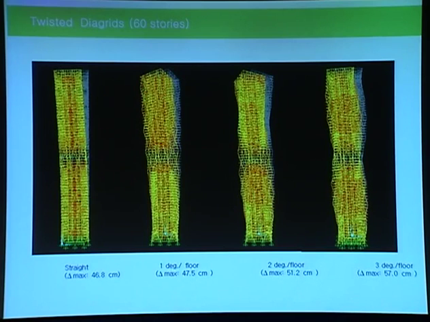Once you begin to twist a building composed of many frame members, the frame shapes differently, meaning that vertical columns become slanted columns. In this case, diagrid angles keep changing as you twist the building. As you can see from the maximum deflection at the top of the structure, as the rate of twisting increases, the deformation of the structure increases, which means the lateral stiffness becomes smaller and smaller as you twist the building more and more.